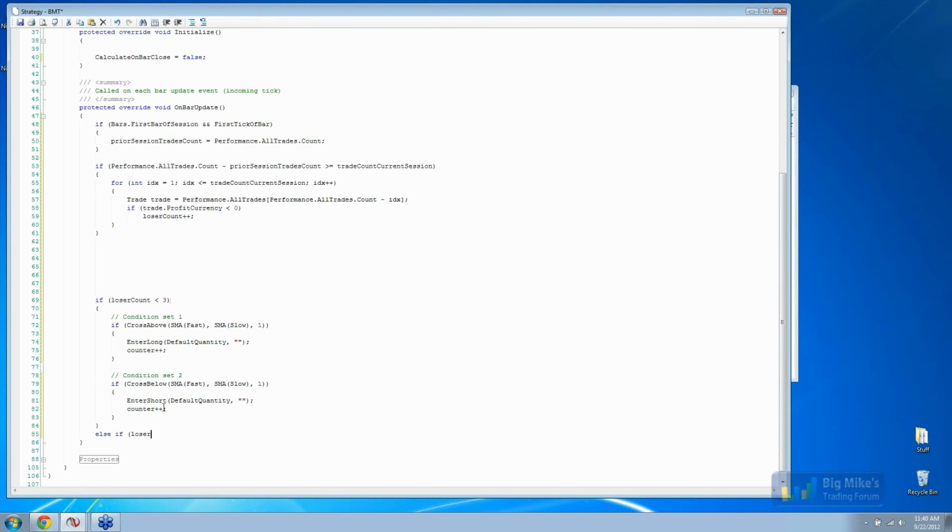Else, if the loser count is equal to 3, then we'll go ahead and close any position that we may have open and just effectively stop our strategy. So if position dot market position equals long, so if we're in a long position, I'm just going to go exit long. So if we are in a short position, I'm going to exit short.